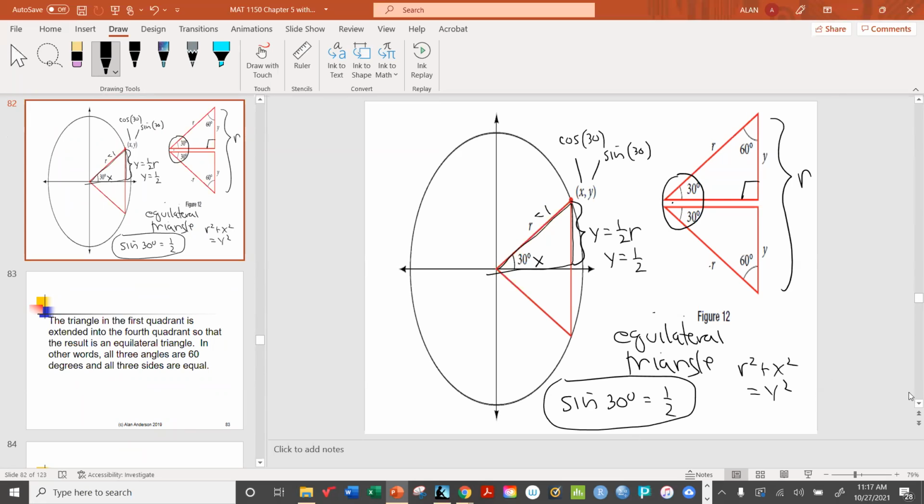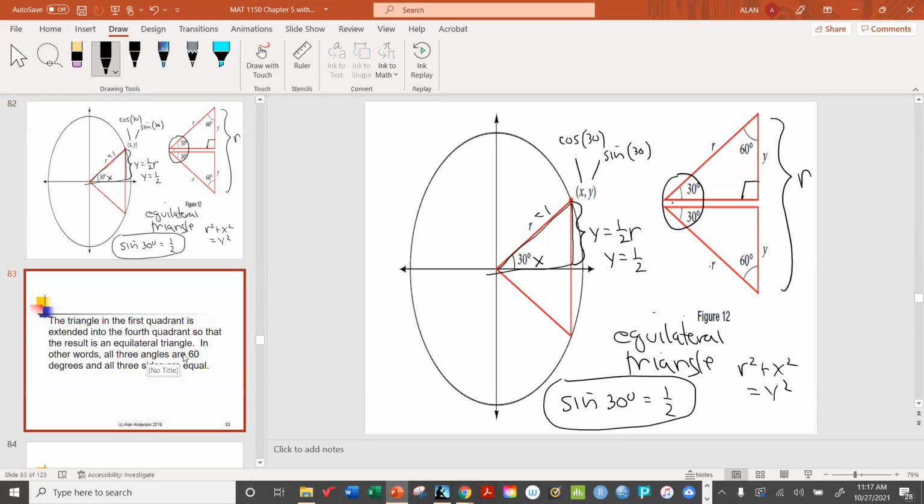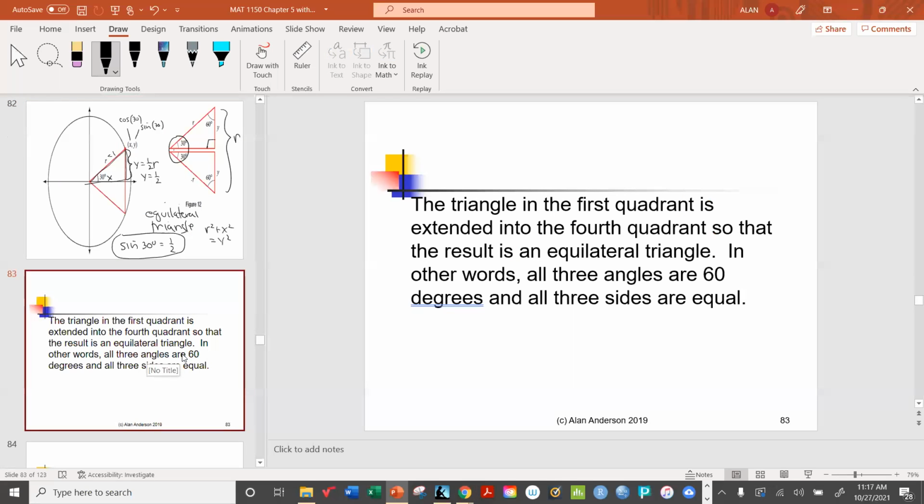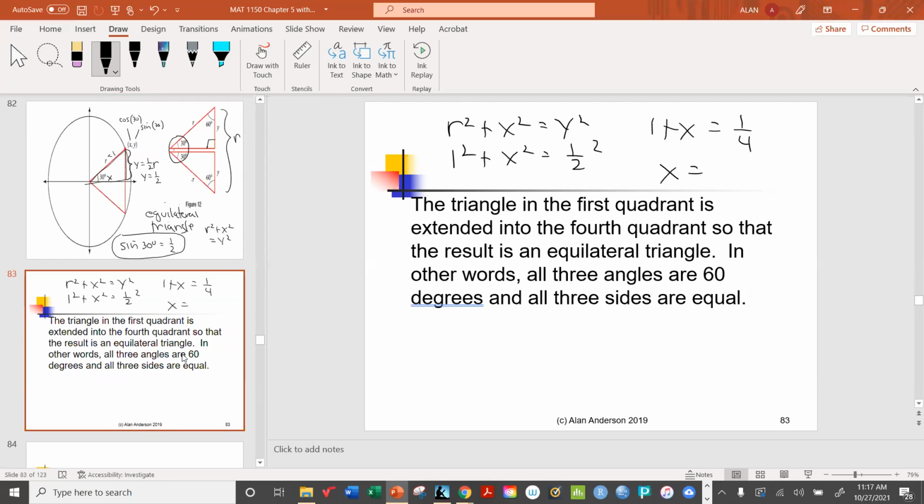But we know 2 of the 3 values. Okay, so in other words, we already know that r is 1 and that this is 1/2. So we've got 1 plus x equals 1/4. Ooh, something's not right.